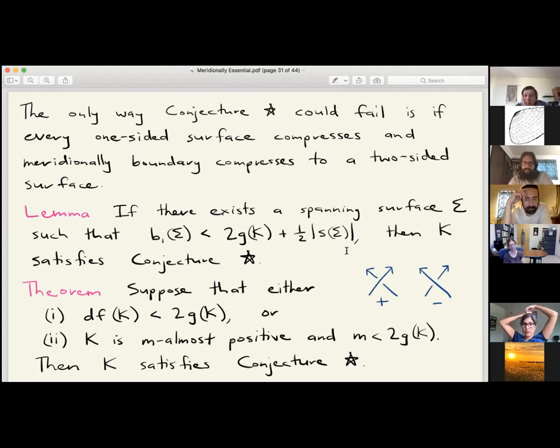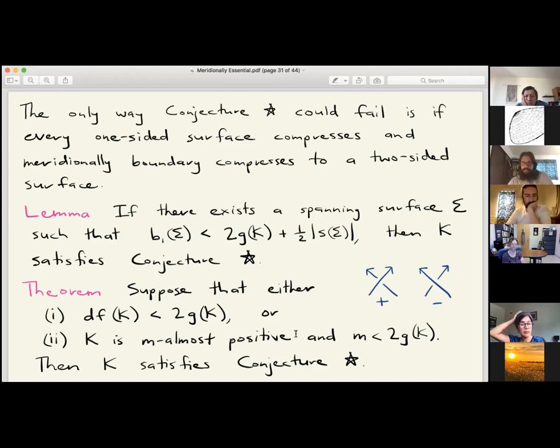So if the defect is strictly less than twice the genus, meaning your knot is close to being alternating relative to what its genus is, or if your knot is M almost positive and M is less than twice the genus. So this again is saying if your knot is close to being positive relative to its Seifert genus.